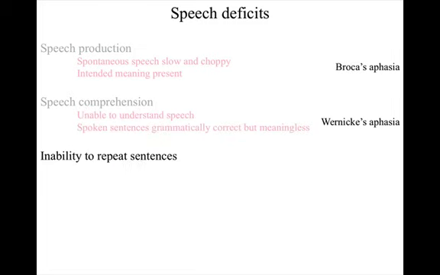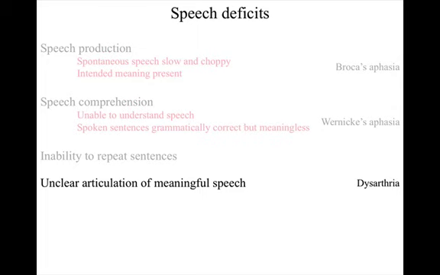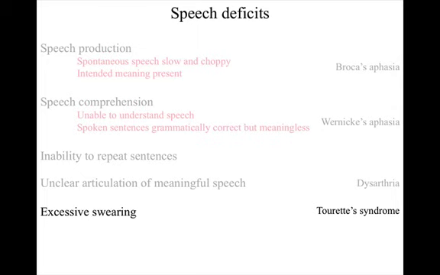The lack of ability to repeat sentences is often, but not always, observed in both Broca's and Wernicke's aphasias. In dysarthria, speech is slurred and/or has abnormal rhythm, but meaning is normal and comprehension of speech is normal. And in Tourette syndrome, one of the symptoms is swearing, excessive and uncontrollable.